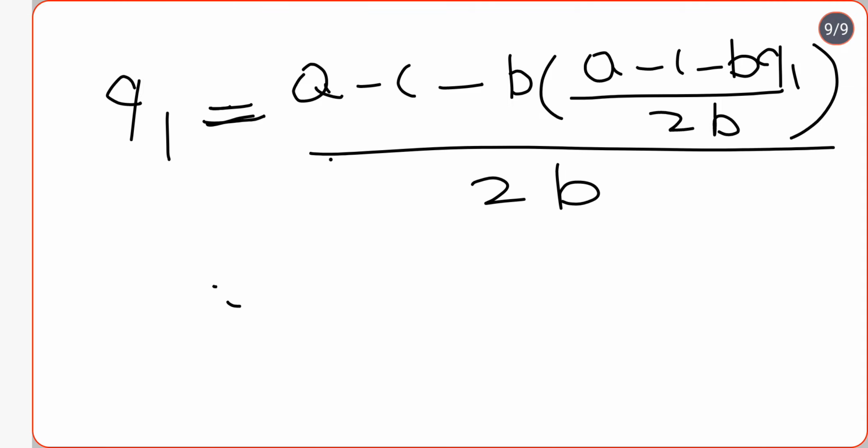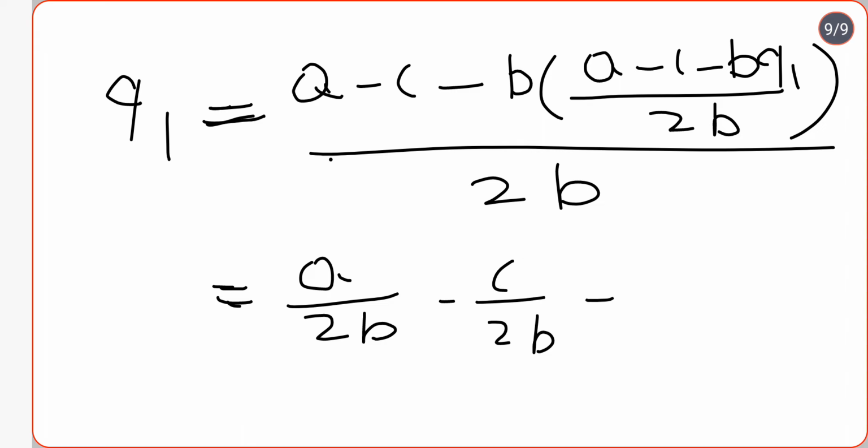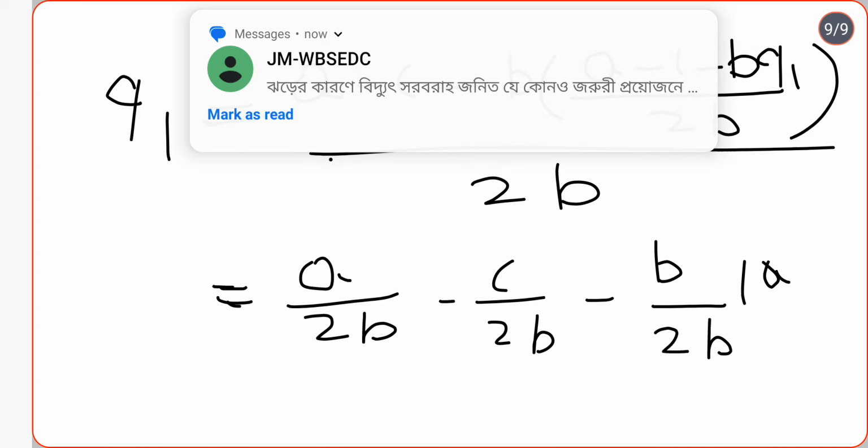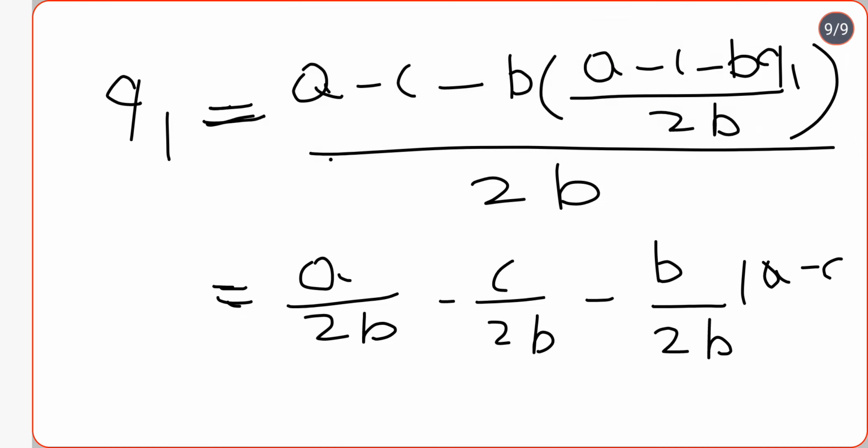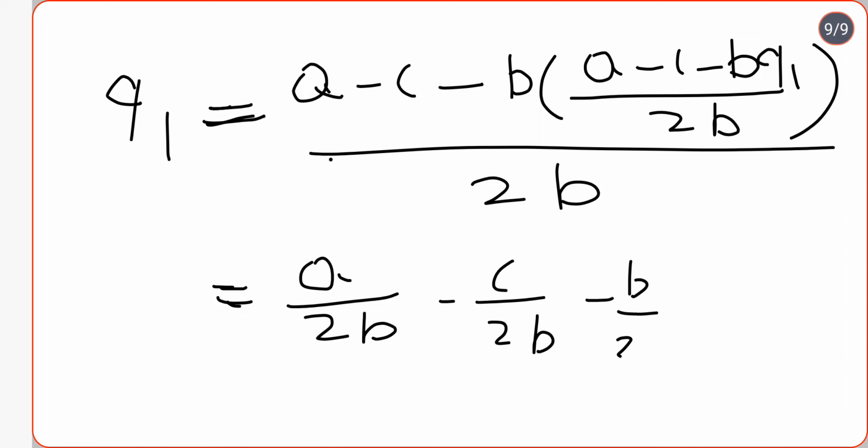By solving this equation, suppose it is A by 2B minus C by 2B minus B by 2B multiplied by A minus C minus BQ1 by 2B.